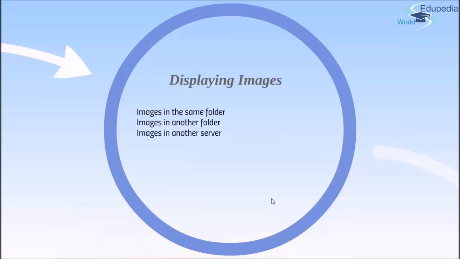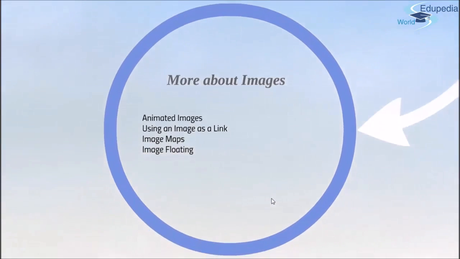Okay, so now let's jump to the final section of this video, which is more about images. The first one, animated images. It is not that complicated. We all know, as explained before in the first part of the video, that animated images come from the GIF format. But that's it.